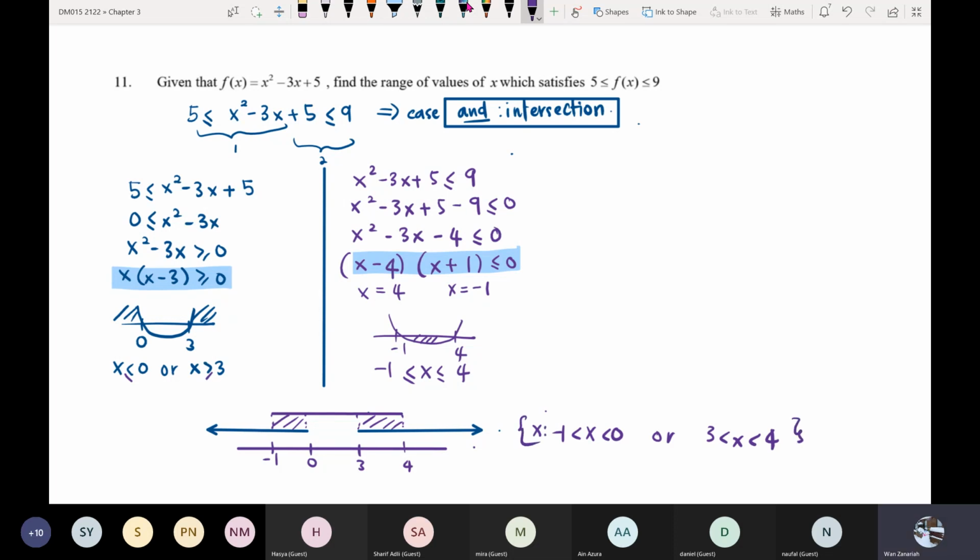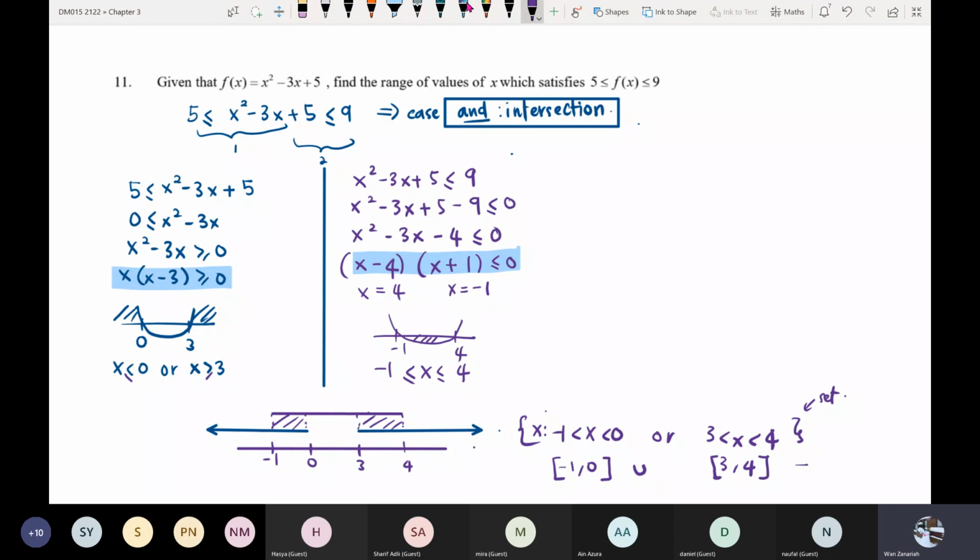Okay, ni dalam bentuk set solution. Kalau dia nak dalam bentuk interval, so -1 until 0 where both are included, union, sebab or ni union, 3 and 4 where both of the values are included as well.